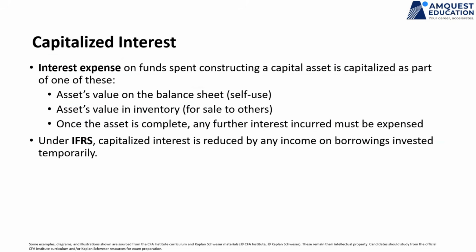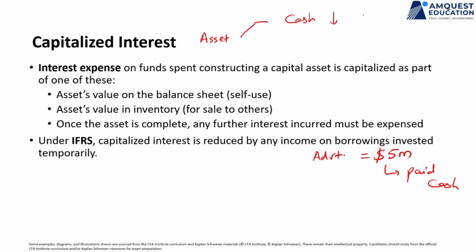Okay. So see, when we say advertisement campaign, I have spent $5 million and I have already paid cash for it, right? So the cash is gone. On the asset side of the balance sheet, the cash is lower by $5 million because that has been paid to the entity who did the advertisement.